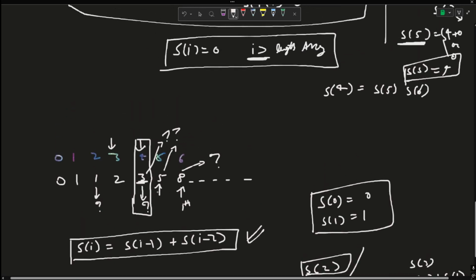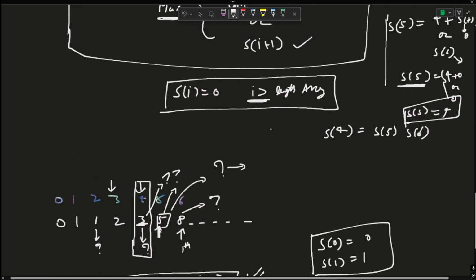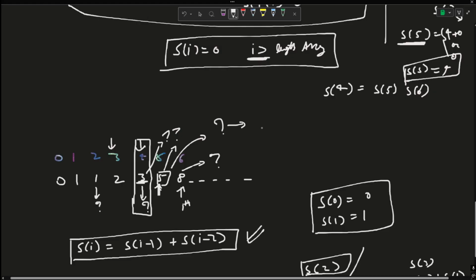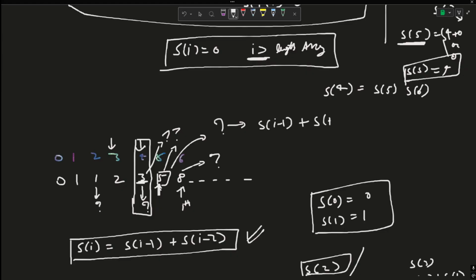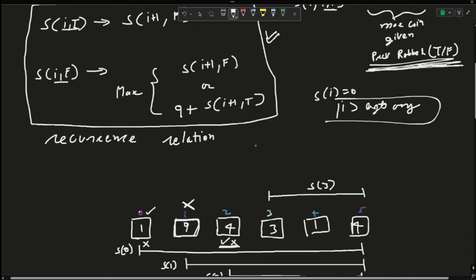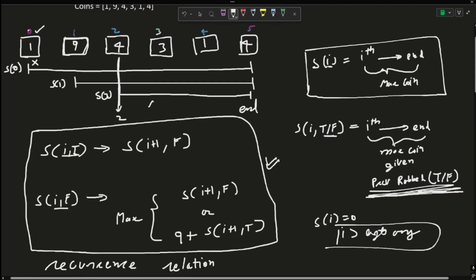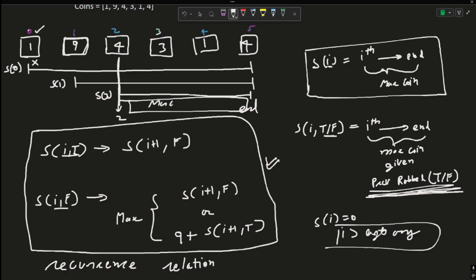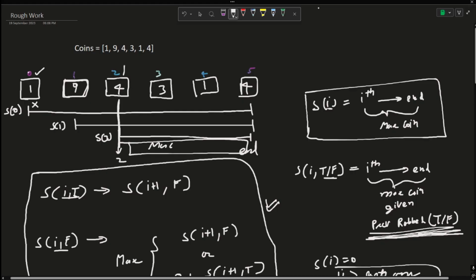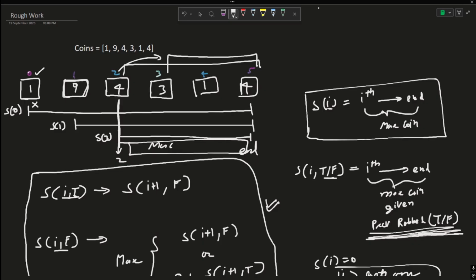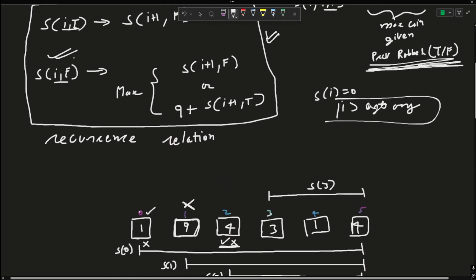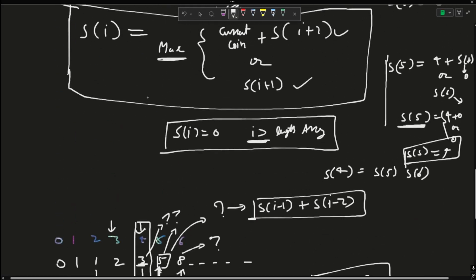Here, to find this digit, I saw the Fibonacci definition, that it is the sum of the previous digits, so I wanted the previous digit plus the previous-to-previous digit. In the above case, I wanted the max coins from here to the end, so I found the max coins from the next position, then I can add this in the result or skip it, and I got my two recurrence relations, this or this.